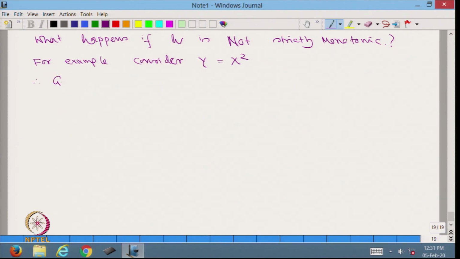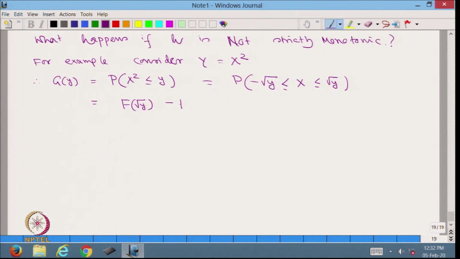Therefore, g of y is equal to probability X square less than or equal to y, which is equal to probability minus root y less than or equal to X less than or equal to root y, which is equal to F of root y minus F of minus root y.